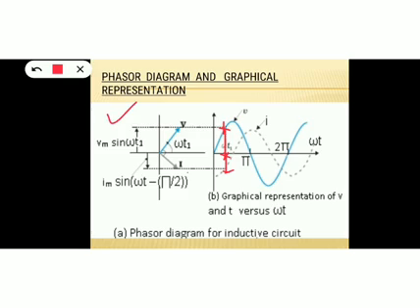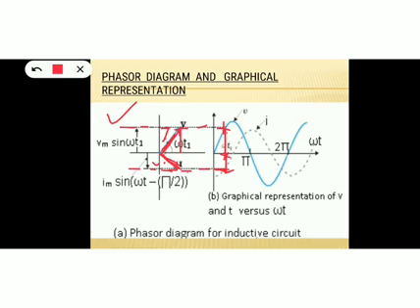Next, this is the phasor plane. From this point, draw a line to the phasor plane, and again from this line, draw another line to the phasor plane. Then from the origin, draw a vector to the voltage line, and from the origin, draw a vector to the current line. So this will be the phasor for voltage, and this will be the phasor for current.